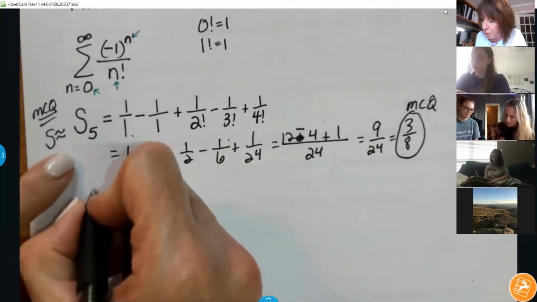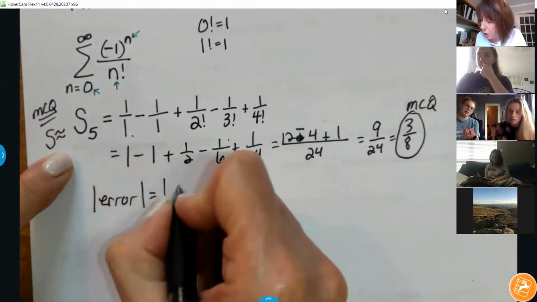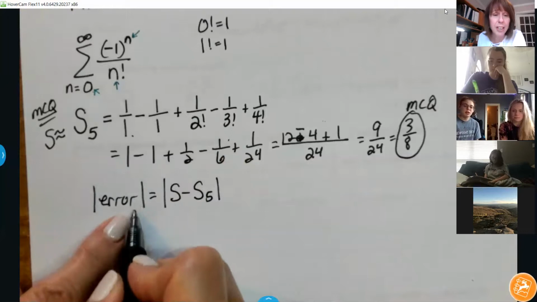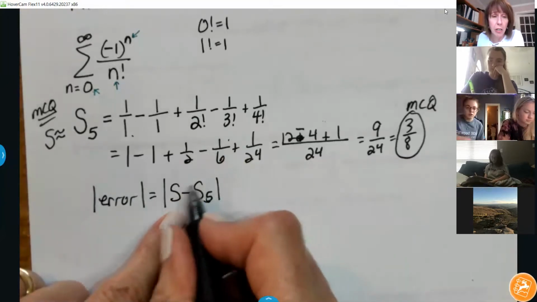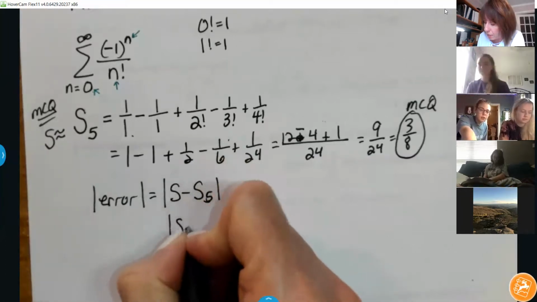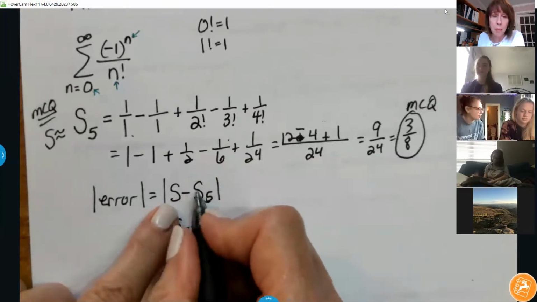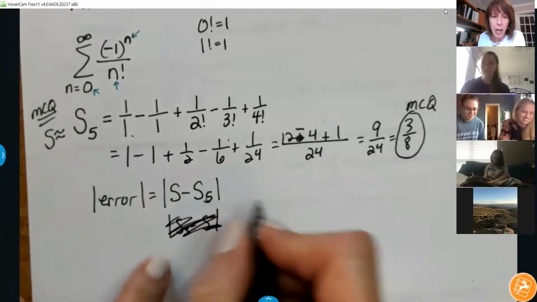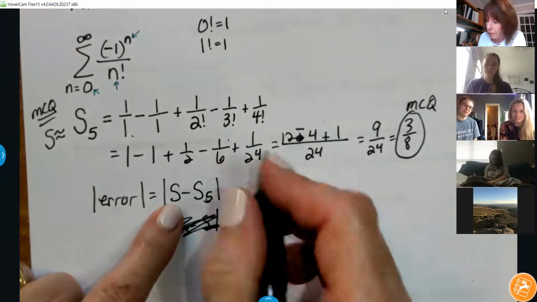So if I was talking about error, always know there are 2 ways to write error, either the word error, which is nice, but I do need you to recognize this as error as well. So it's either the partial sum minus the sum or the sum minus the partial sum. Since we have it in absolute values, it doesn't matter. I usually write it with the sum first, but it doesn't matter.